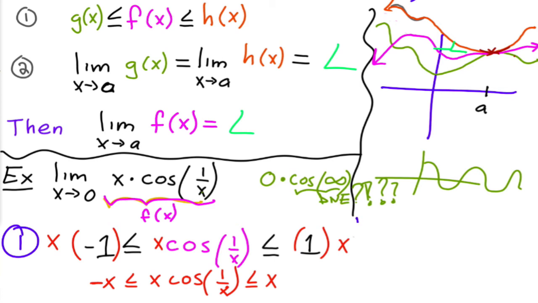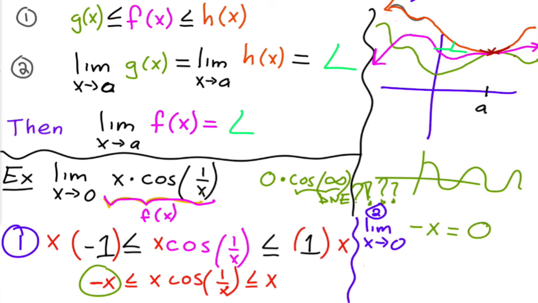And then what we need to do is find the limits as x approaches 0. So here's step 2. The limit as x approaches 0 of g of x, which is negative x, is equal to 0. And then we need to find the limit as x approaches 0 of h of x, which is this one right here, x.